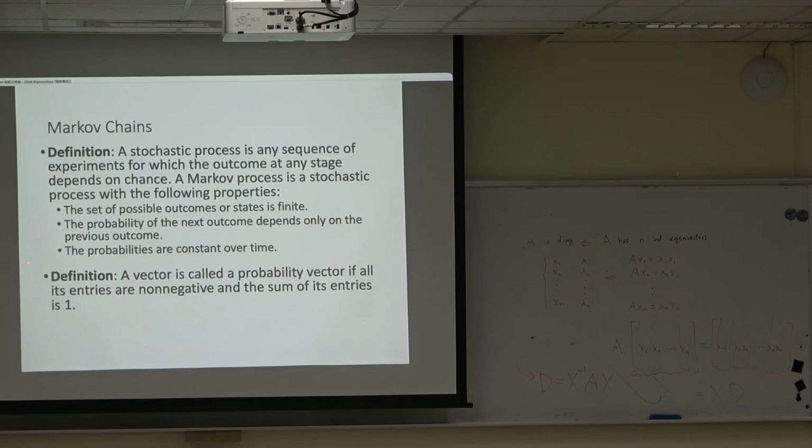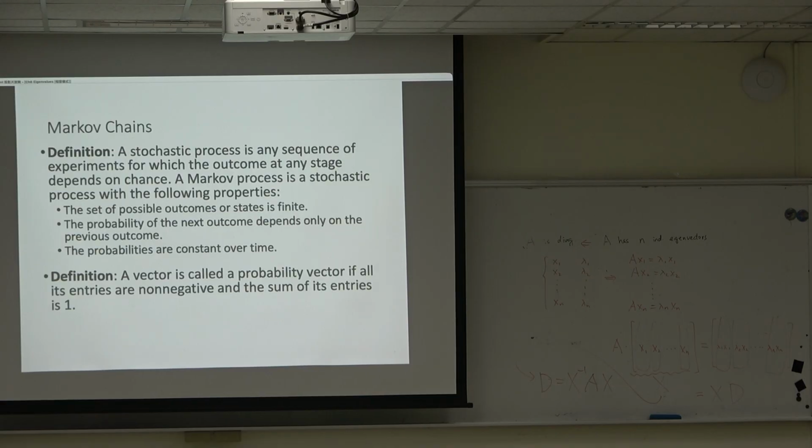Actually, this is the first order Markov process. The Markov process can have a higher order. In other words, it can depend not only on the previous outcome, but also on the outcomes of previous ones.